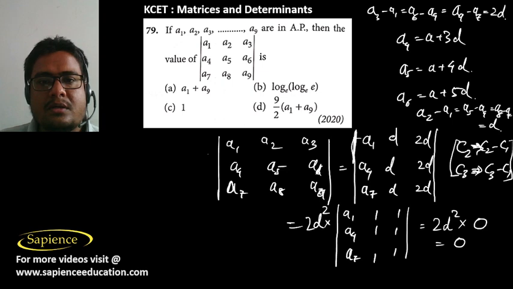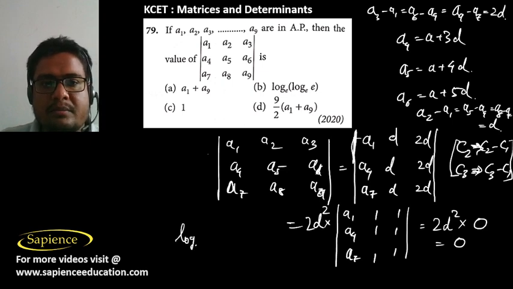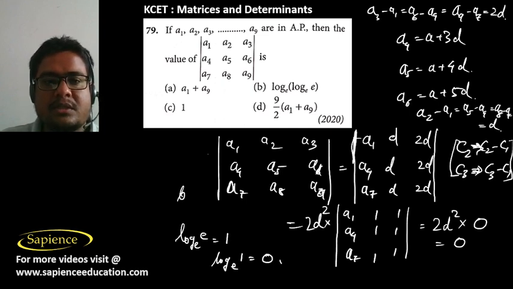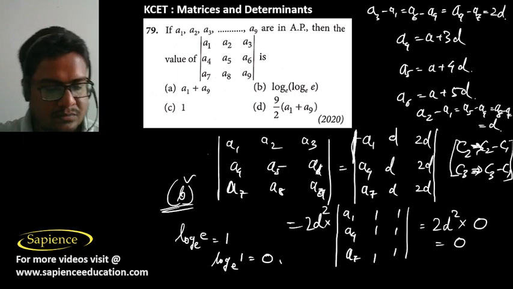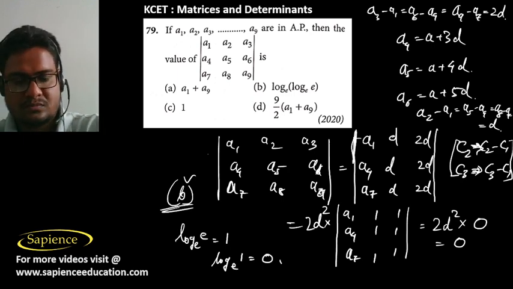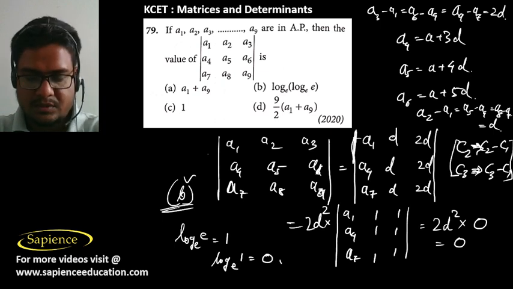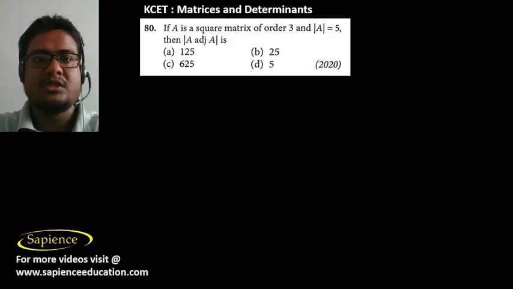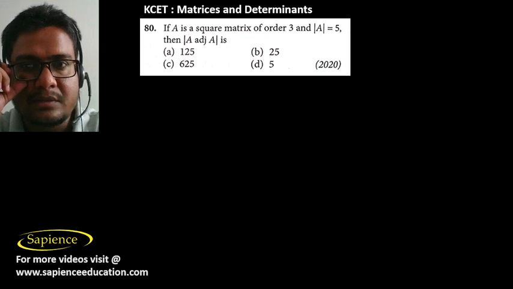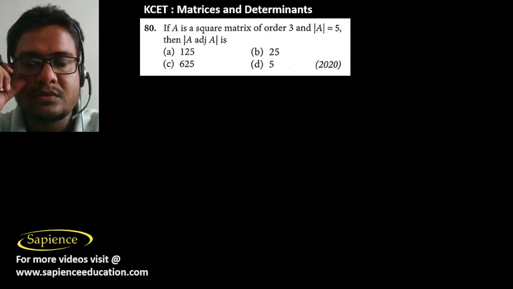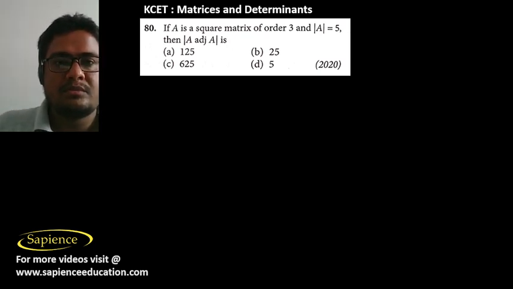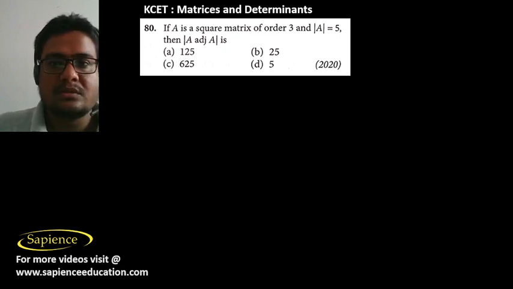So here log e base e is equal to 1, and log 1 base e will be 0. So option B is the correct answer. Then we can solve the last question of the chapter on matrices and determinants, that is question number 80.